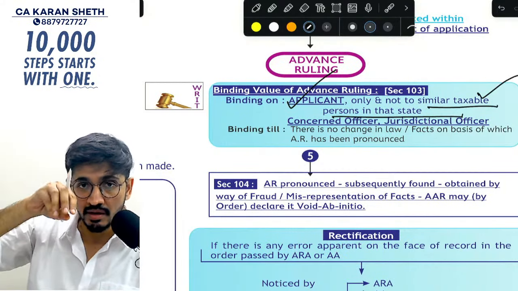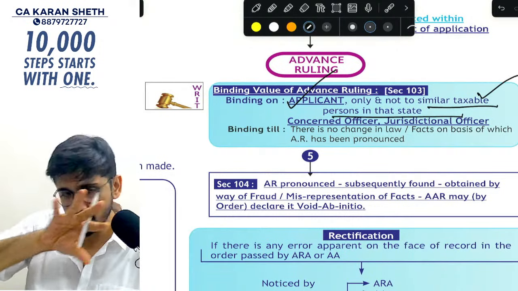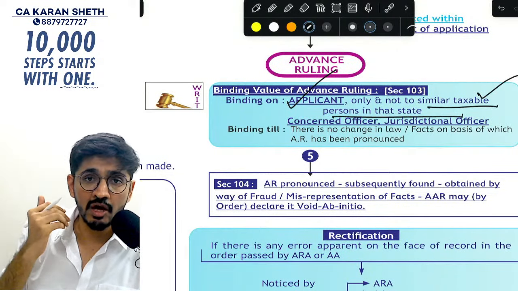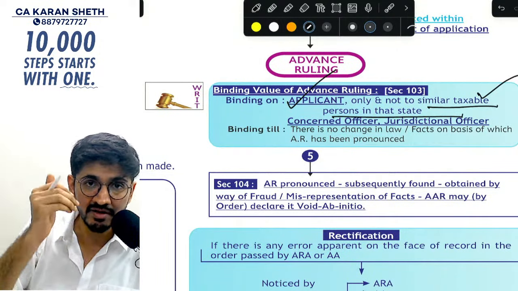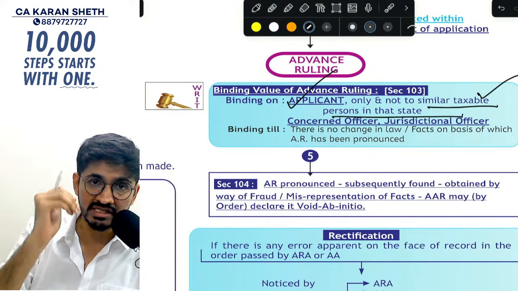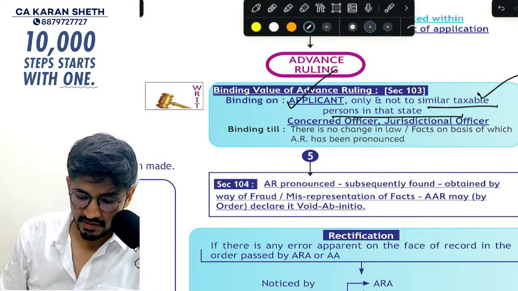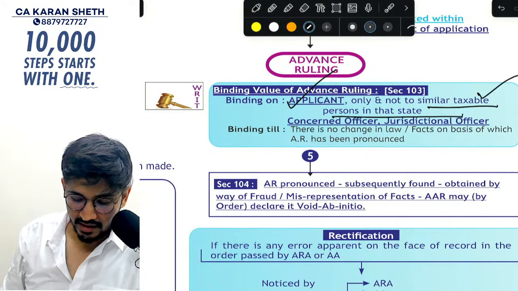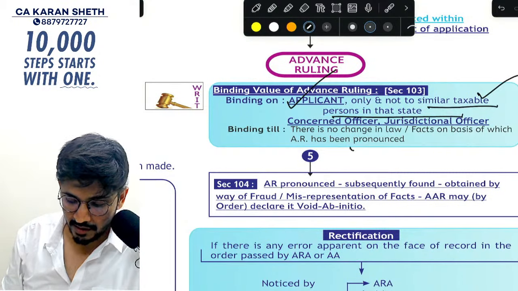Even though Heath is selling the same goods, doesn't matter. It is the law that is applicable to the individual and not to a state or nation, right? Correct. And there is no change in law and facts on the basis of which the ruling has been pronounced. Okay.